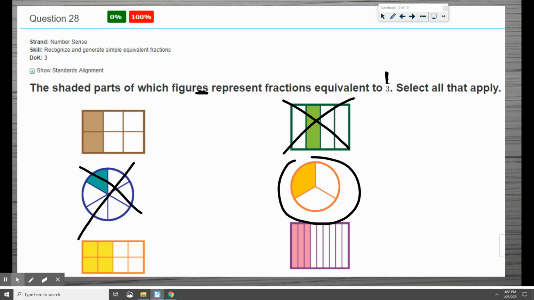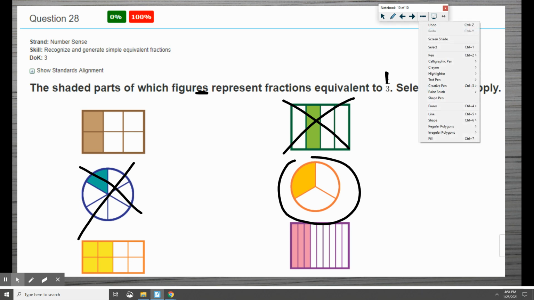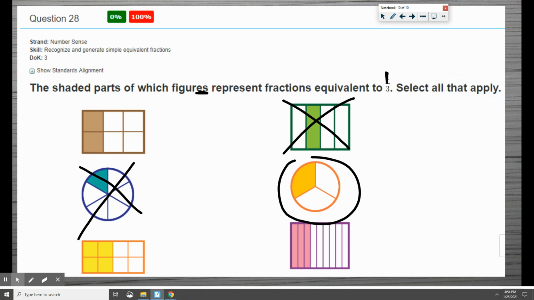All right, now a little bit of a tricky part. I haven't taught you this yet, but it's a little bit tricky and I want to show you. We can make groups of the pieces in the whole and turn them into fractions. So I'm going to look at this brown one first, and I'm going to think about how I can split this into 3 equal parts.